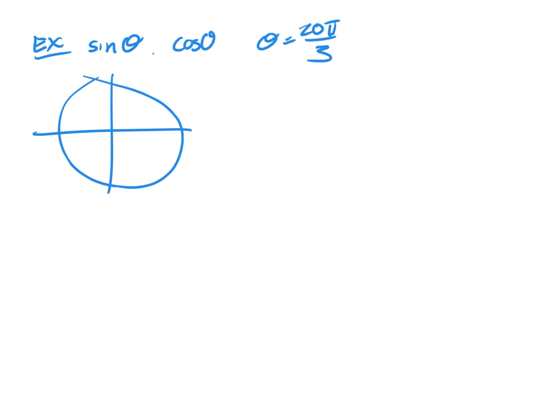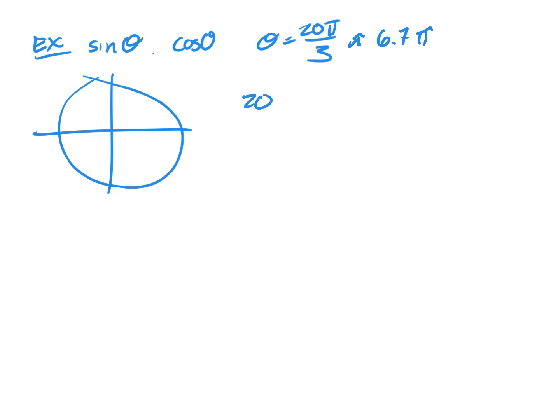Just looking at this value of 20 pi over 3, it's about like 6.7 pi. So we're bigger than one full rotation of a circle. In fact, we're several rotations of circles. So let's actually subtract rotations of circles, or 2 pi, from this to get what this looks like.